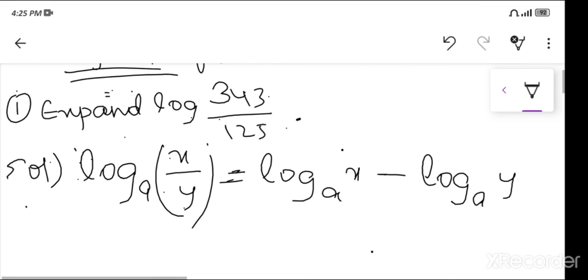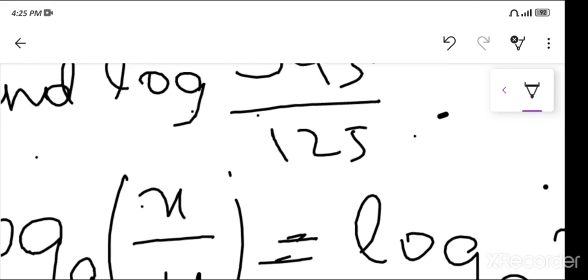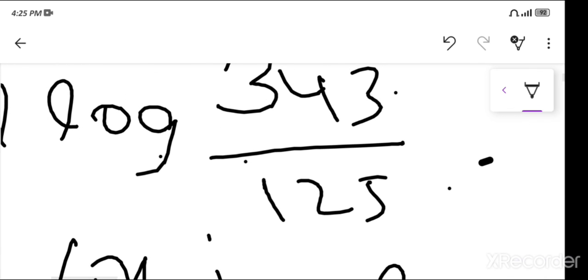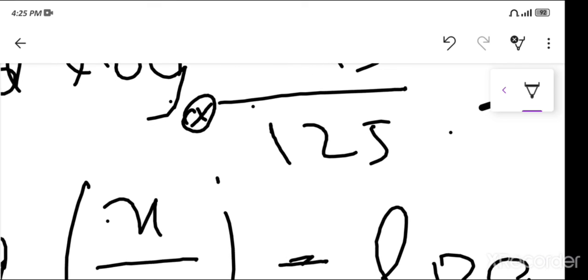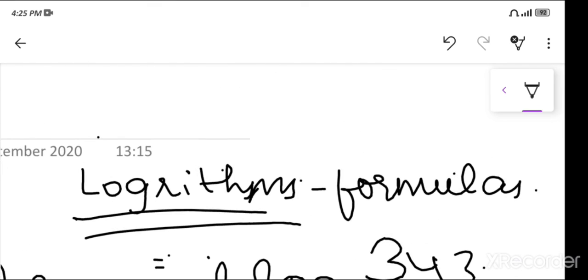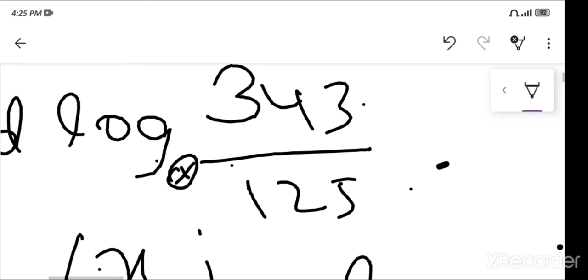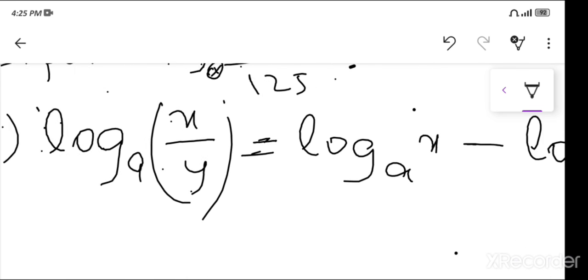So if you observe closely, the base is missing in this question. He has given the value and then the number, but the base is missing.